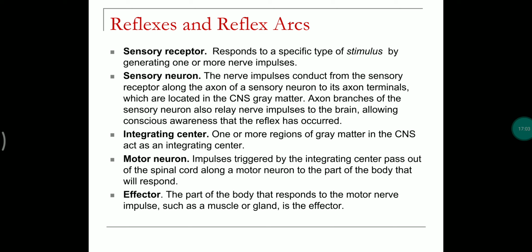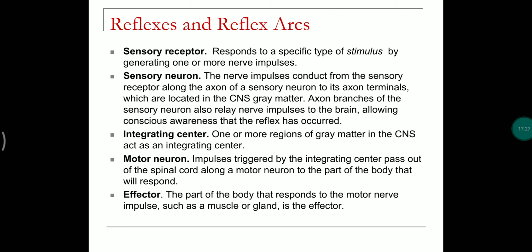The integrating center is one or more regions present in the gray matter, in the lateral horns of the gray matter in the CNS, which integrates the different types of sensory impulses.